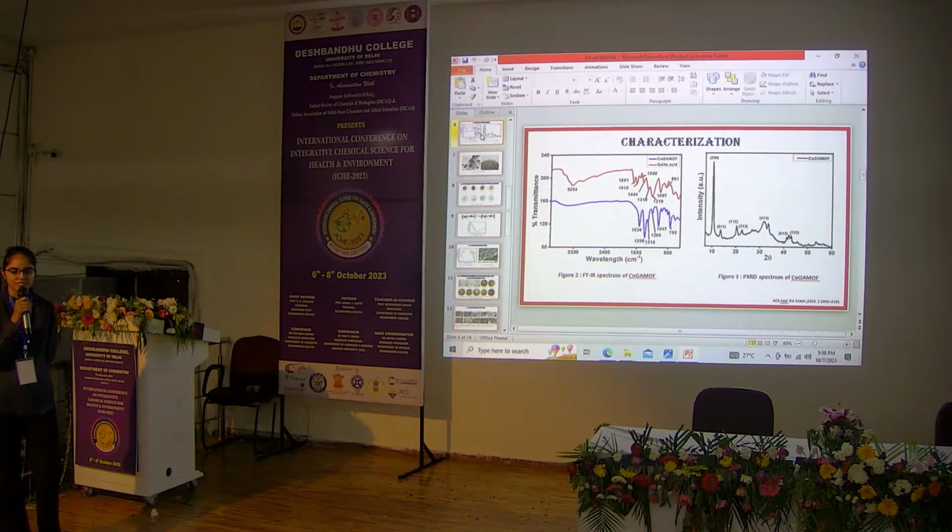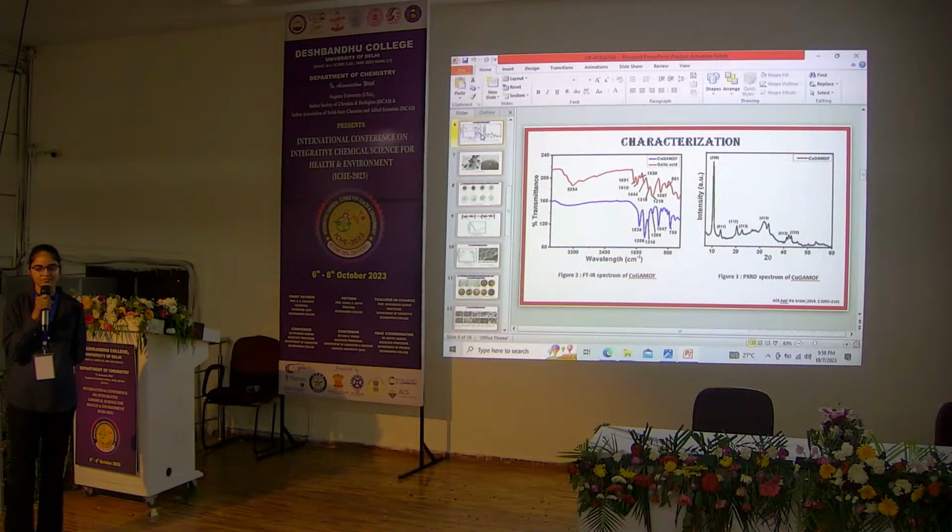Then compare this d value with the X-ray diffraction. The particular d value has a corresponding plane, meaning hkl. On the basis of the lattice fringes, you predict the corresponding lattice plane of that particular material. Okay, sir.